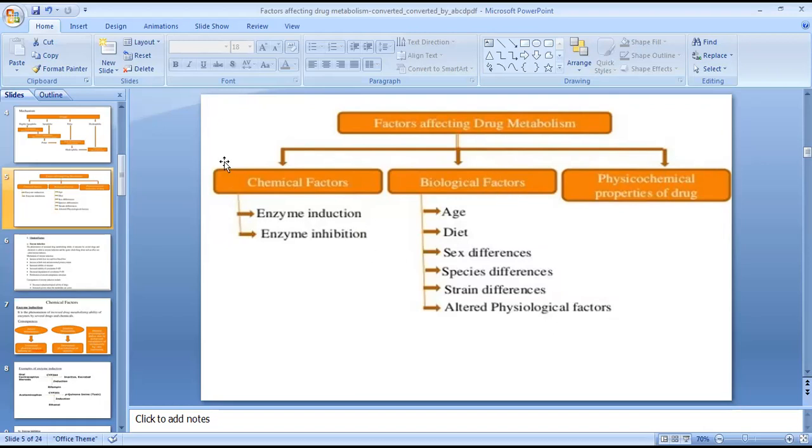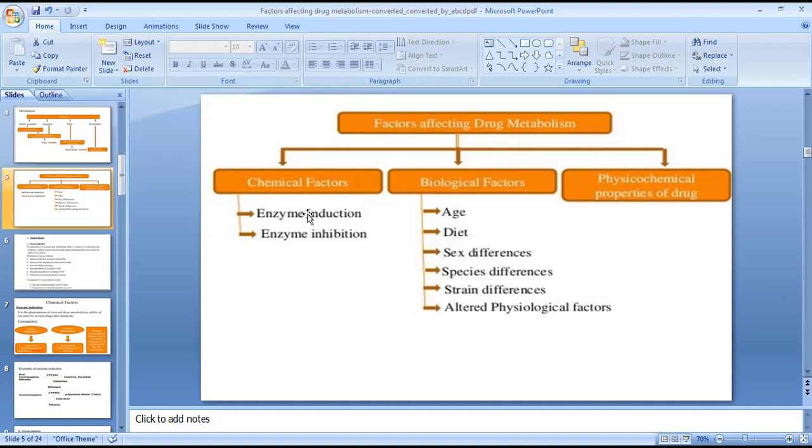What are those? The chemical factors are divided into two types: enzyme induction and enzyme inhibition. Enzyme induction means the enzymes which induce the metabolism of the drug, or which are actually involved in the metabolism of the drug.